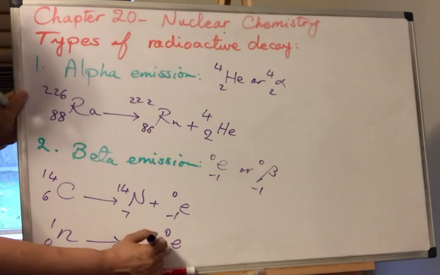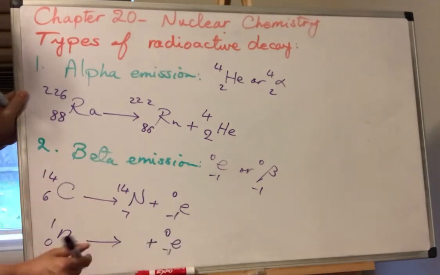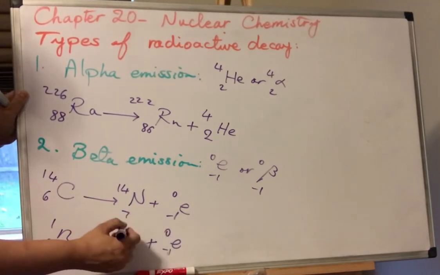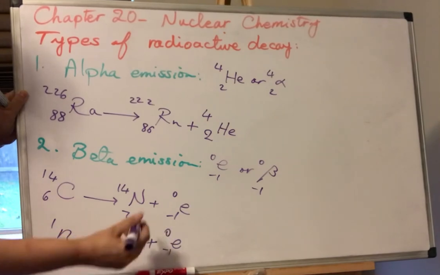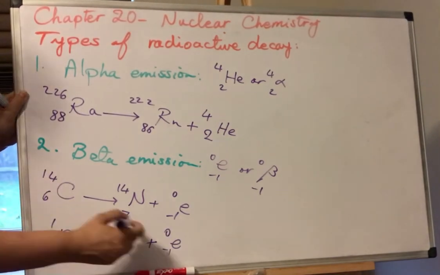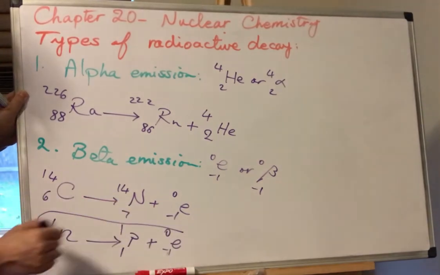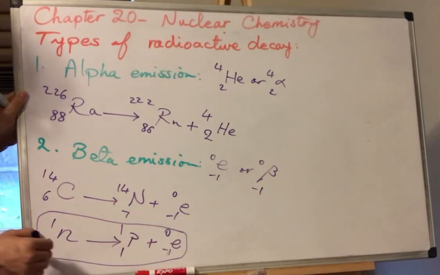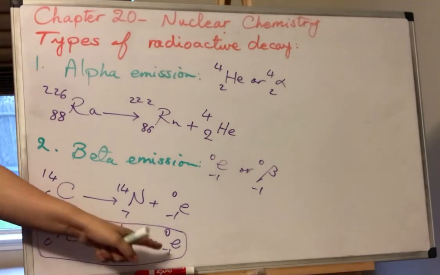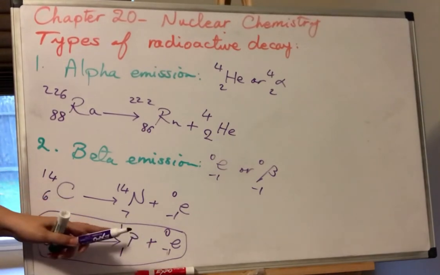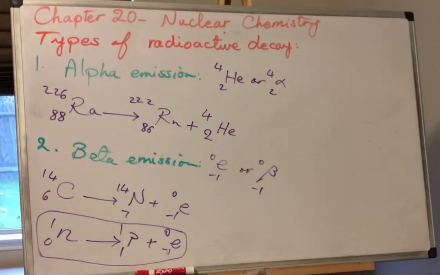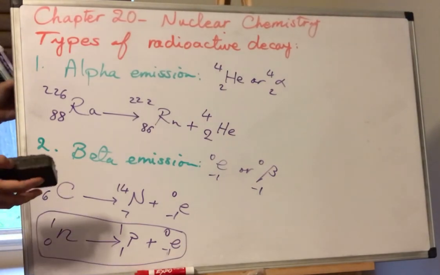So what is the other particle here? 0, so we need the 1. This is -1, so we need the 1. So which particle has 1 and 1? Proton. So if a neutron emits a beta particle, it will change to a proton. Isn't it interesting? All of these happen in the nucleus of an atom.